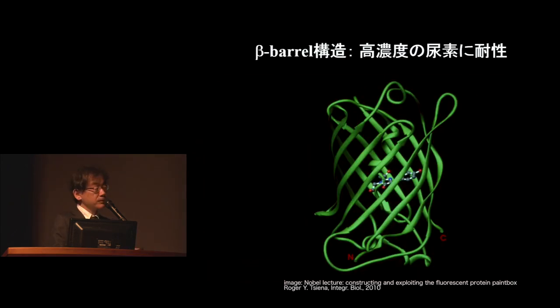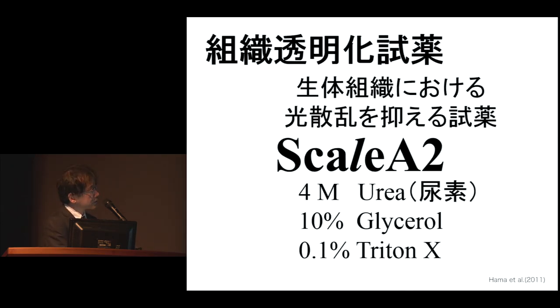And we knew that the beta barrel structure of fluorescent proteins is very tough and tolerant of high concentrations of urea. These findings inspired us to develop a tissue clearing reagent, and we made ScaleA2. The formula is very simple: urea, 10% glycerol, and 0.1% detergent.